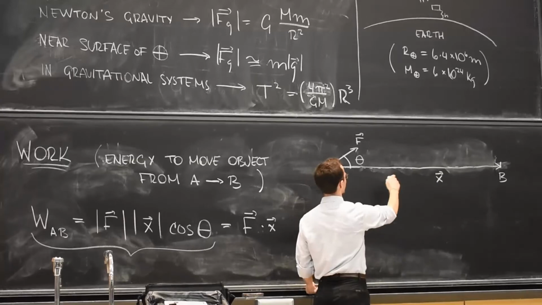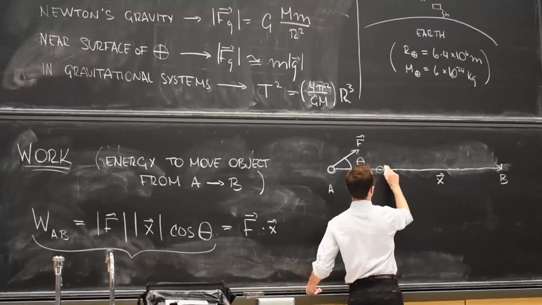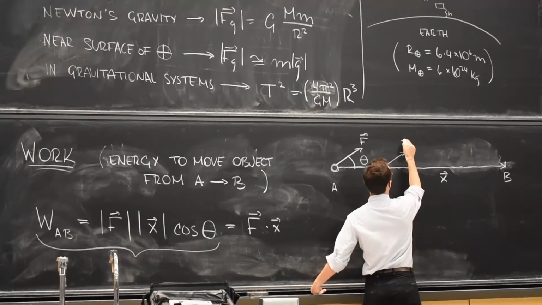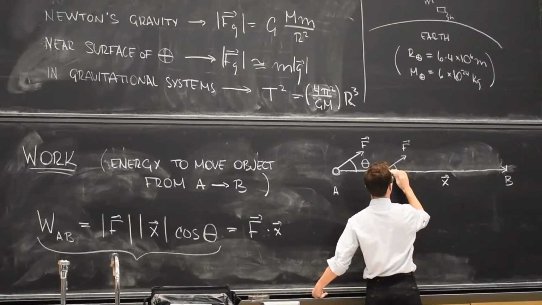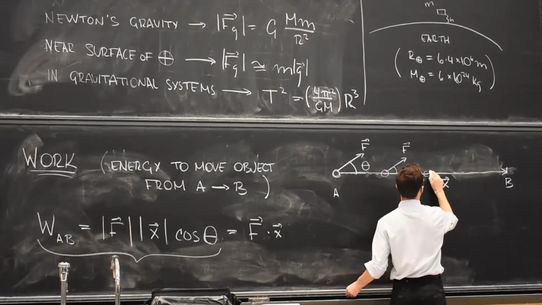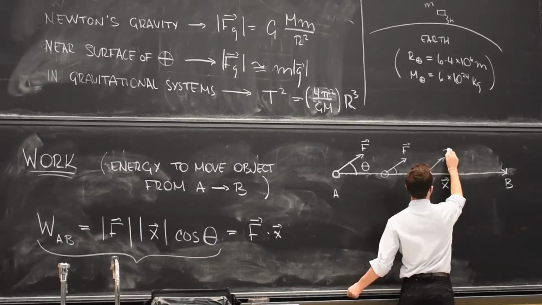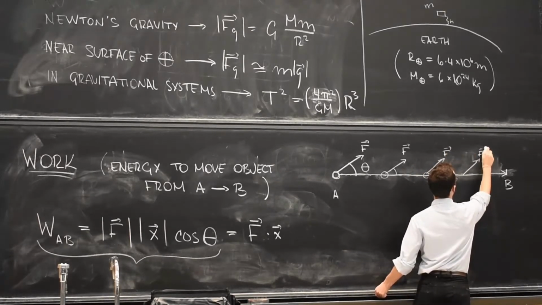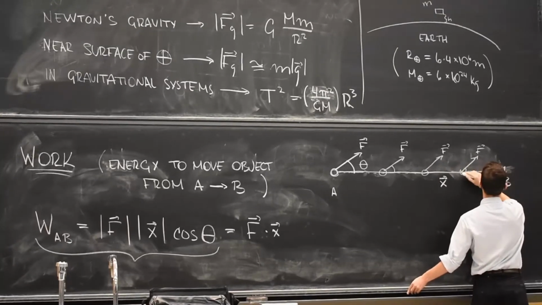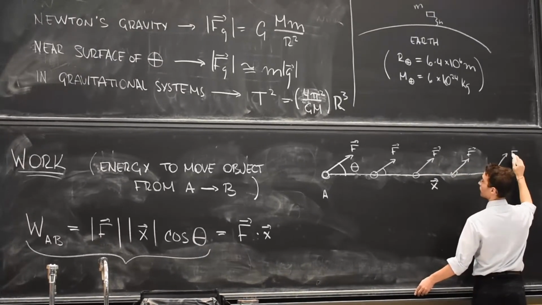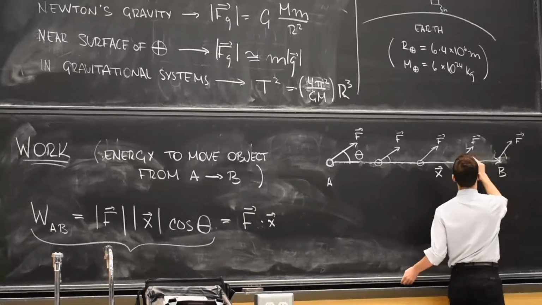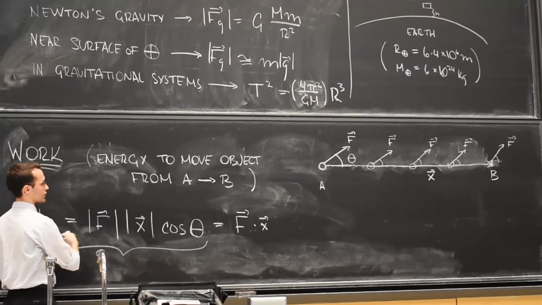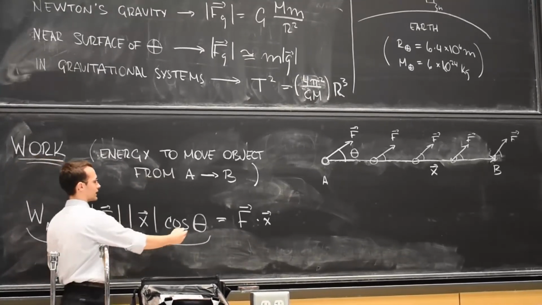And as you move along this path, as long as f is constant, so you keep the same magnitude and the same direction, I'm changing slightly direction, but you know what I mean, then the total amount of work to go from A to B will be calculated exactly from this.